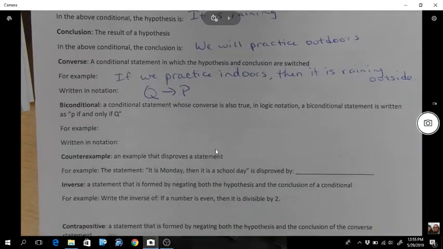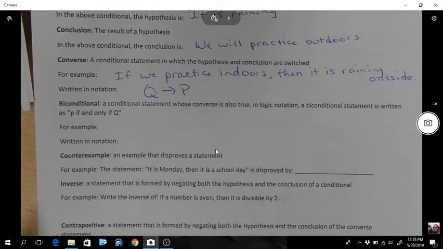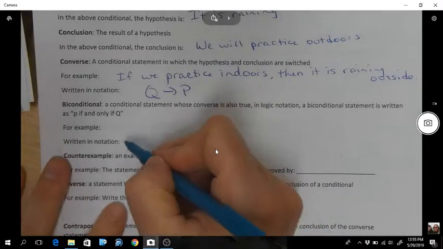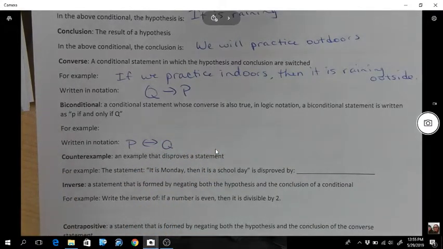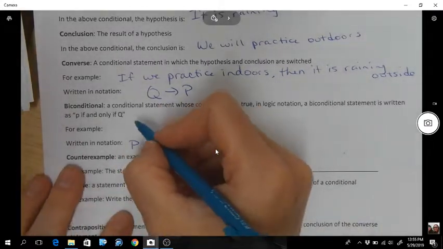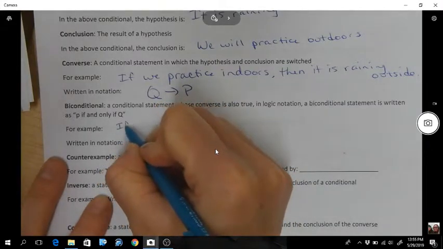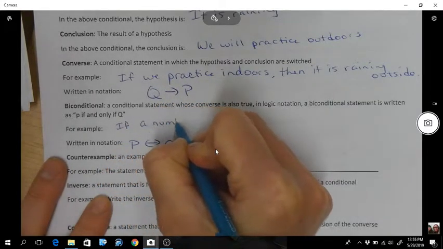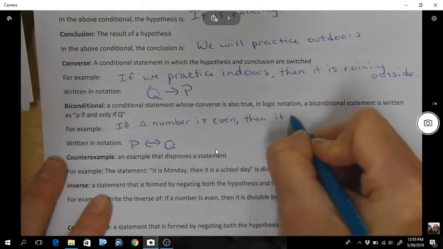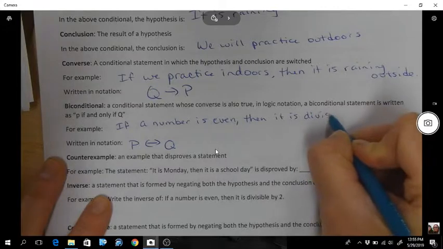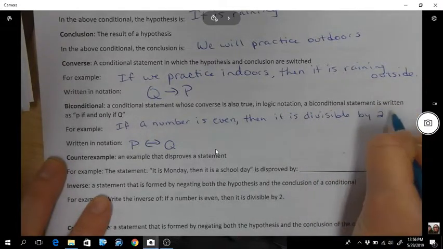A biconditional is a conditional statement whose converse is also true. So logically, you would say P if and only if Q. So the notation would be a double arrow. An example would be: if a number is even, then it is divisible by 2.